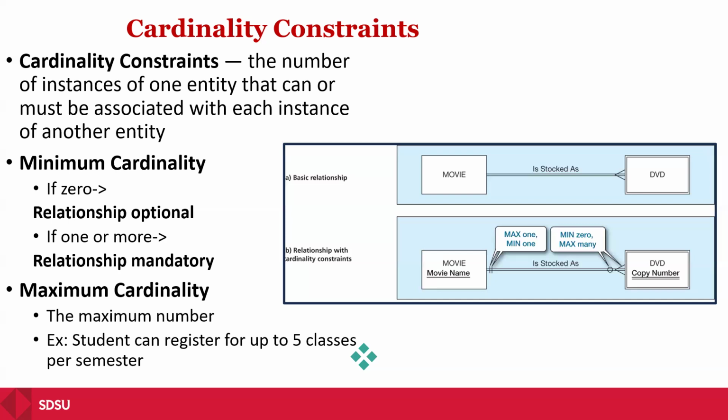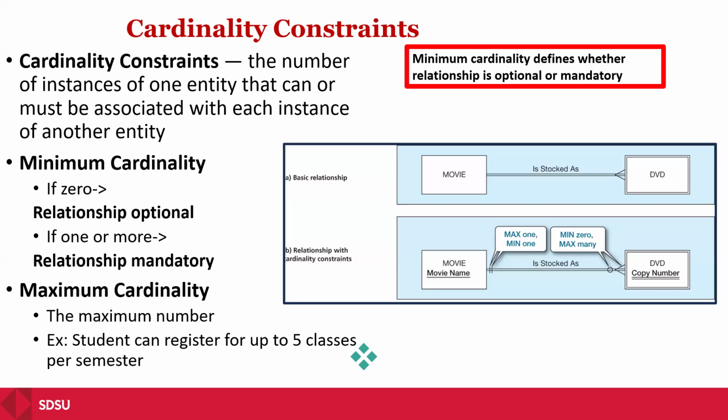And as for movies, a movie can be recorded on a DVD, or on multiple DVDs, but it doesn't have to. So minimum cardinality is 0, so the relationship is optional on the DVD side. Right. So minimum cardinality defines whether a relationship is optional or mandatory, and maximum cardinality defines how many relationships there can be, like one or many.